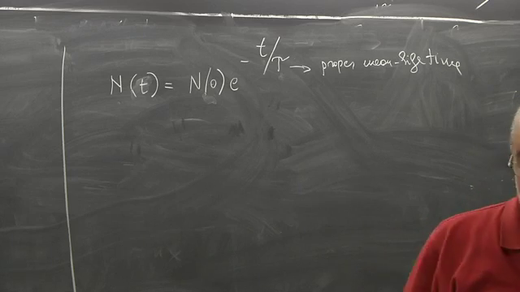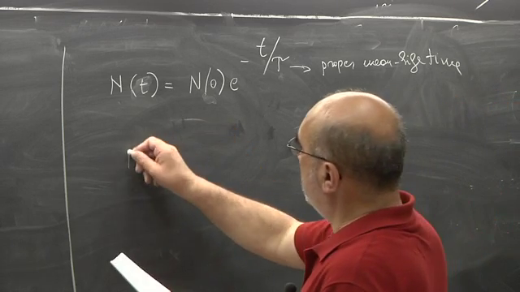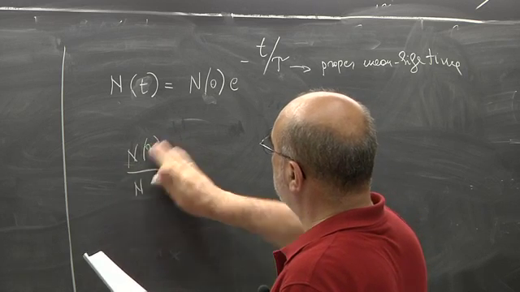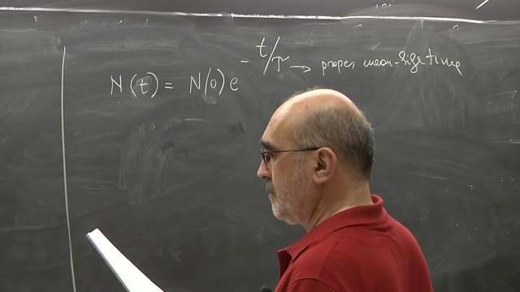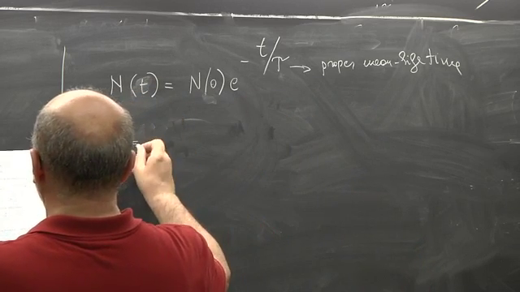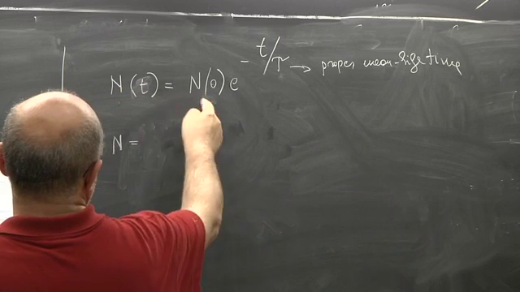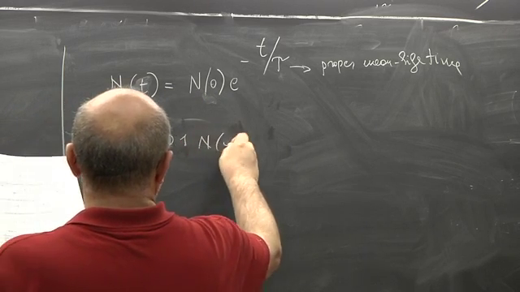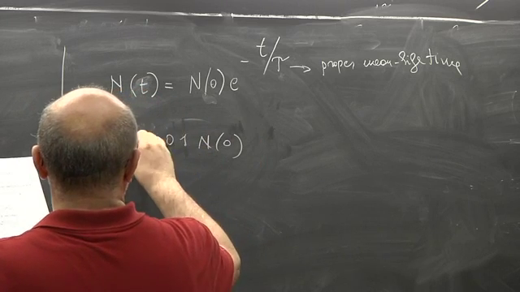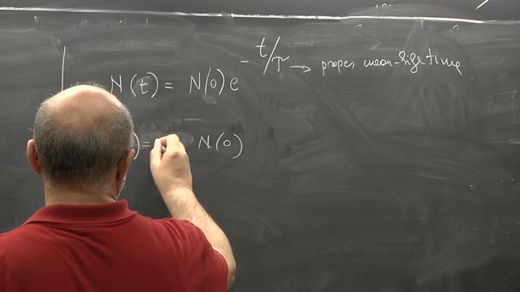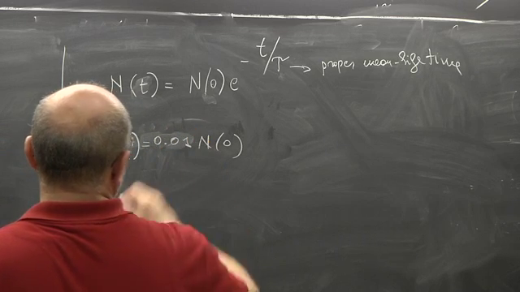So let's now take N over N0. We know that N, the number of particles surviving, is 0.01 N0, because 1% survive.